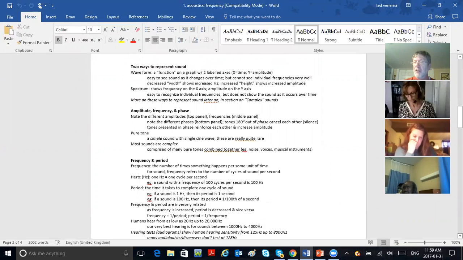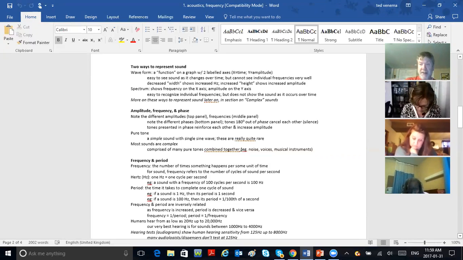Two ways to represent sound. Waveform, like we've been looking at, those are sound waves. And always the x-axis, x means horizontal, y means vertical, okay? We all know that from math in high school. The x-axis is horizontal, vertical axis is the y-axis. So we've talked about sound waves, and we will for some time yet.